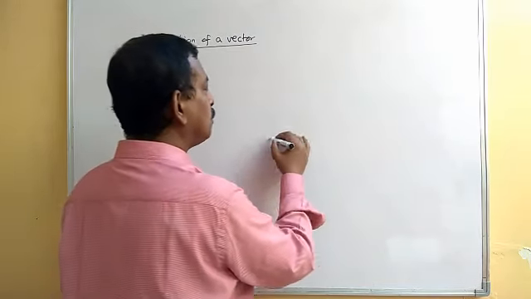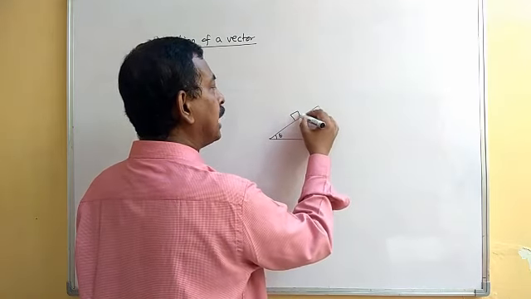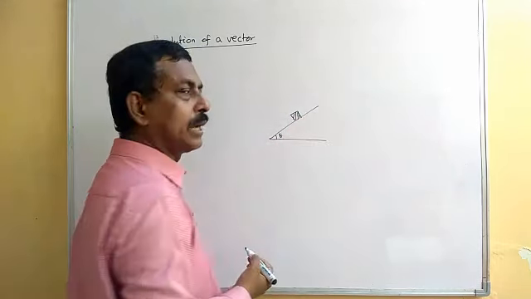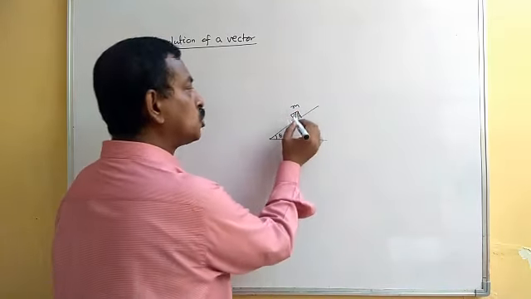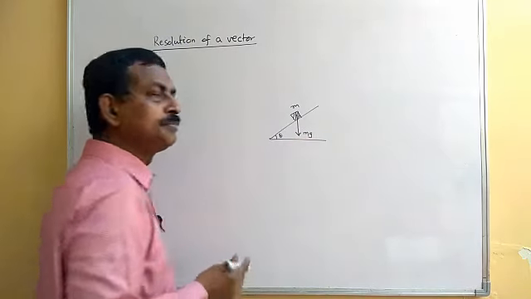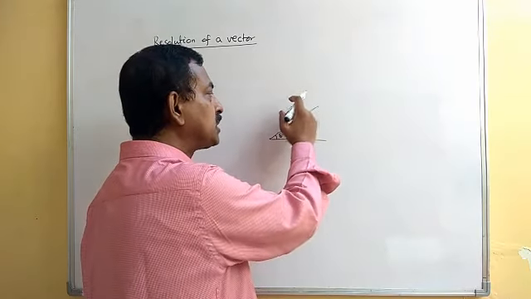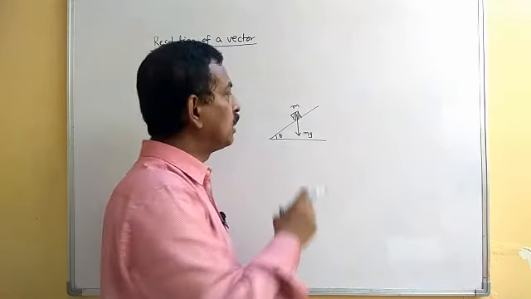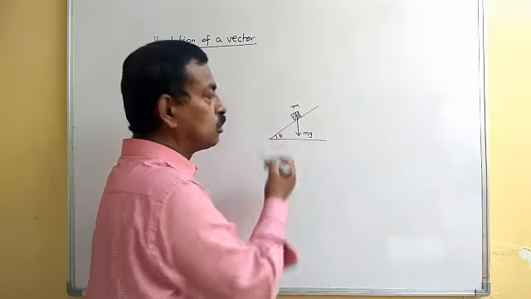Suppose you have an inclined plane, and on that we have a body of mass m. This is the body of mass m. So its weight will be acting downward, mg. Now this body will be sliding along the inclined plane because there will be one component of this weight down the inclined plane.